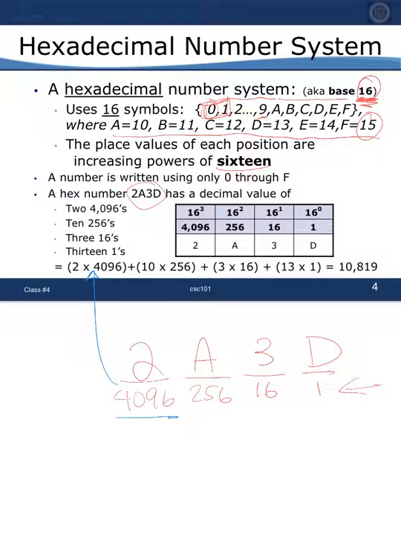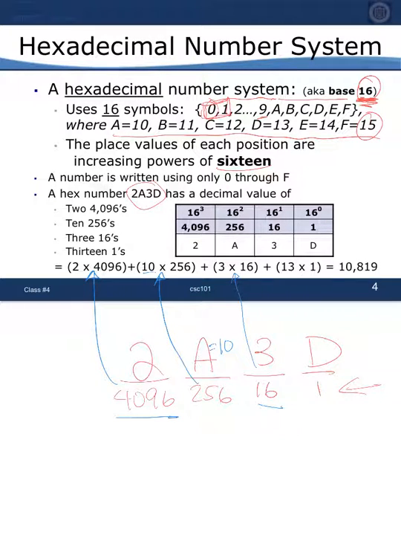4096s. A, remember, A is in our world the number 10. So I have A 256s. Remember, A is 10. So I would say that I've got 10 256s. 3 is still the number 3, as much as this is a bizarre system. So I have 3 16s, so 3 times 16.